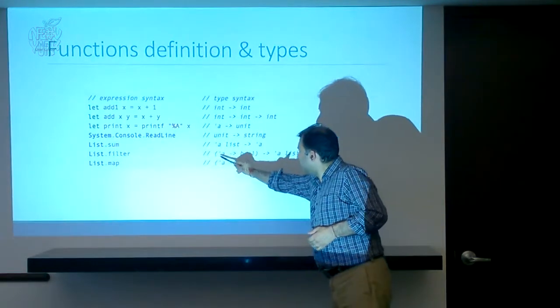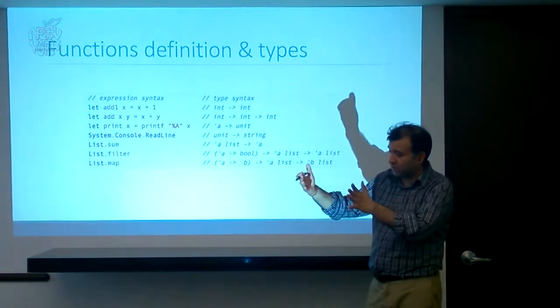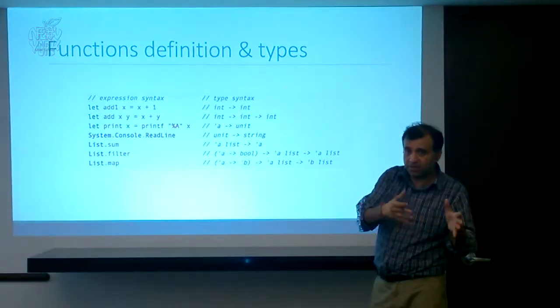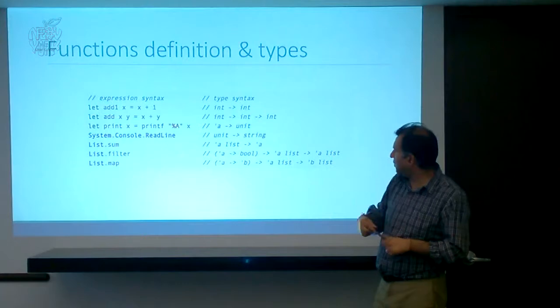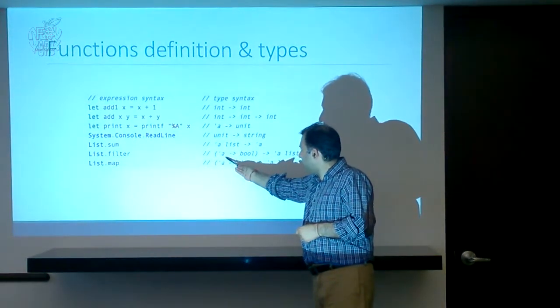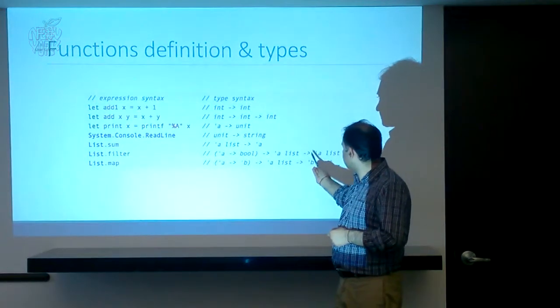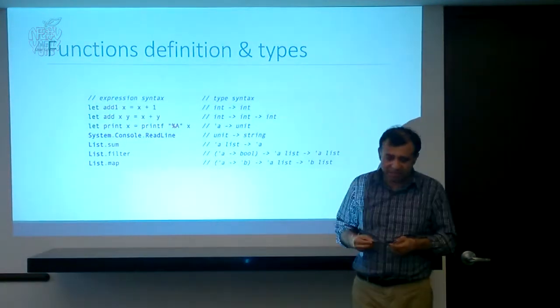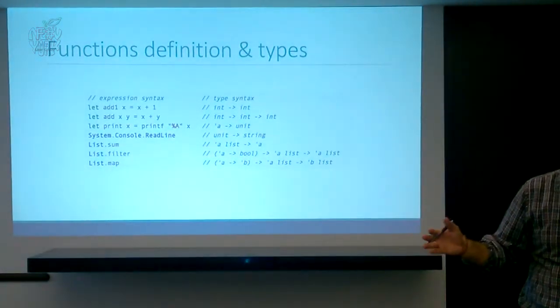Filter takes a function, right? And we talked about higher order functions, so you can have one function combined into another, you can pass functions as values. So here you see that example. It takes a function that takes some generic variable and returns true or false, takes a list and returns another list. So an example of list filter would be, I give you a list of integers, right?